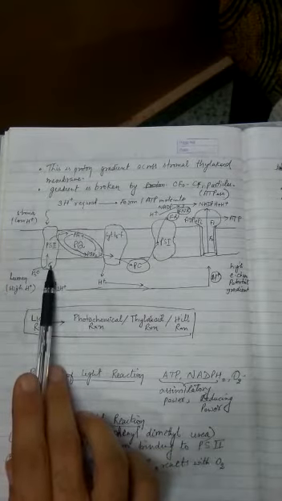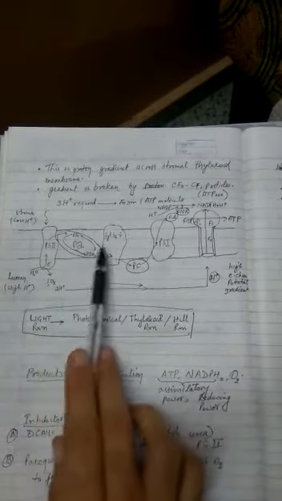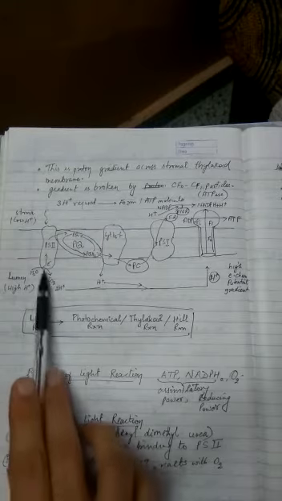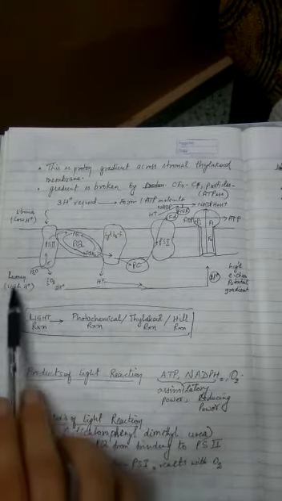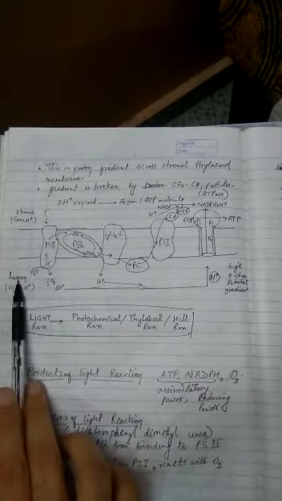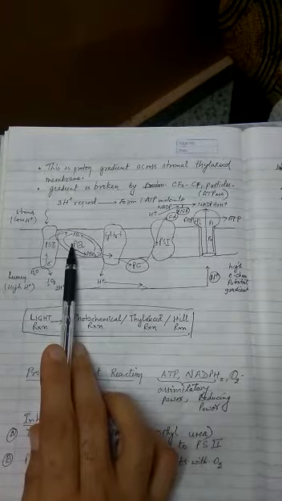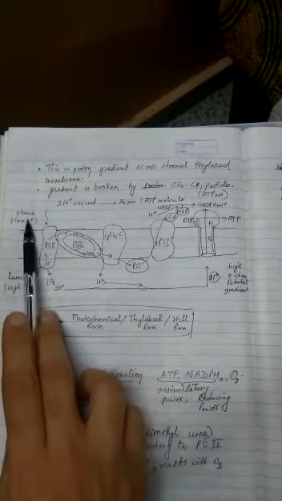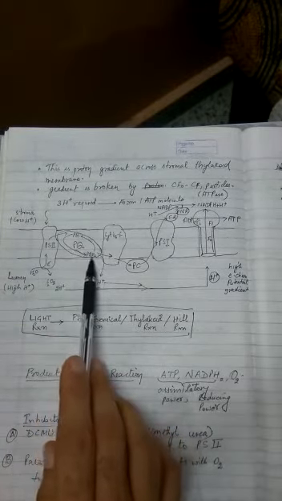This is photosystem second, this photosystem first, plastoquinone, cytochrome B6. The water molecule is going to split to release oxygen. Electron goes to the photosystem second, and its H plus will remain inside the lumen. Second point, the plastoquinone is not an electron acceptor, it's a hydrogen acceptor, so it will pick up the hydrogen ions from the stroma. So stroma loses the hydrogen ion. That's why PQ turns into PQH2.